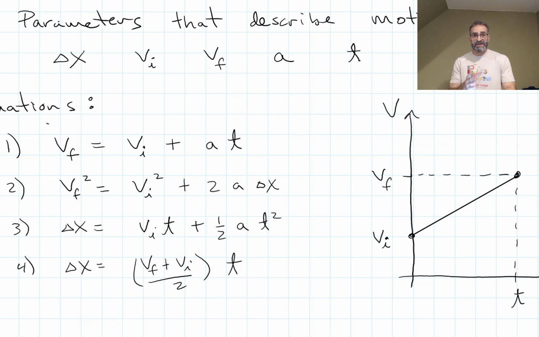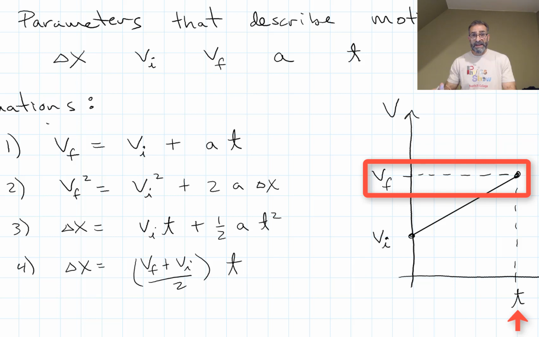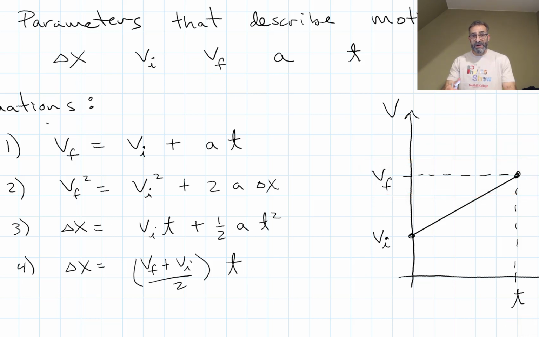That's our initial time, that's our initial condition, t equals 0. So you can see at t equals 0, I've got a dot on my vertical axis for the initial velocity. And then my final time I'm just going to call t, and at that time my velocity reaches its final velocity, I'm calling v sub f, or v final.